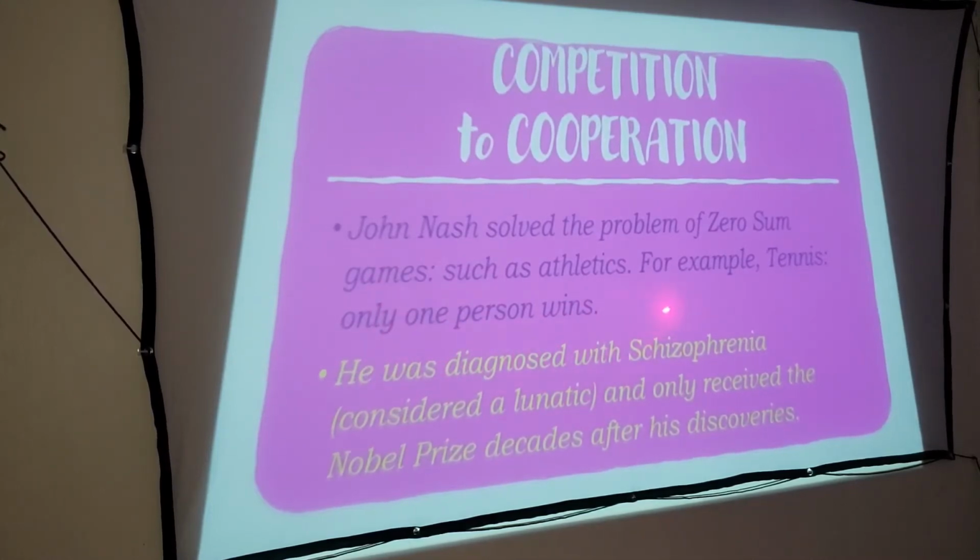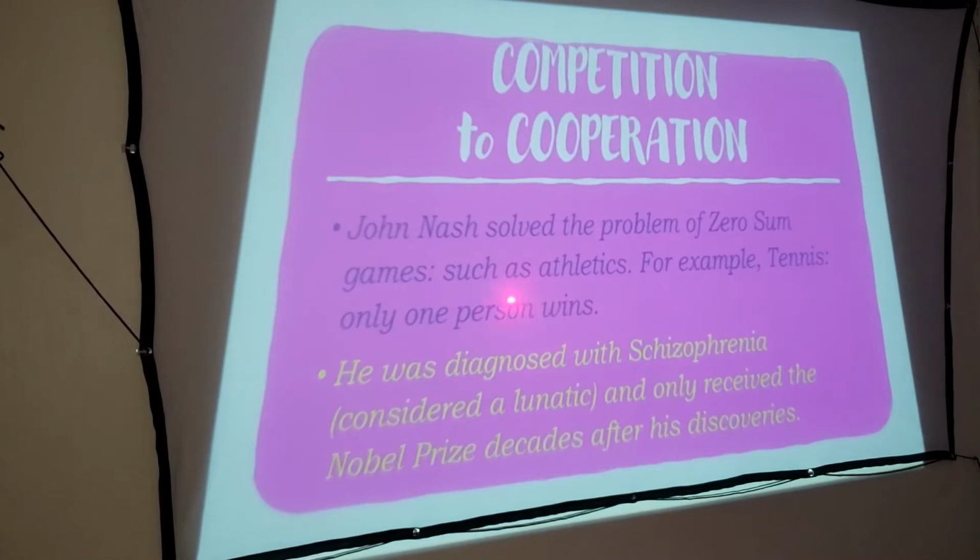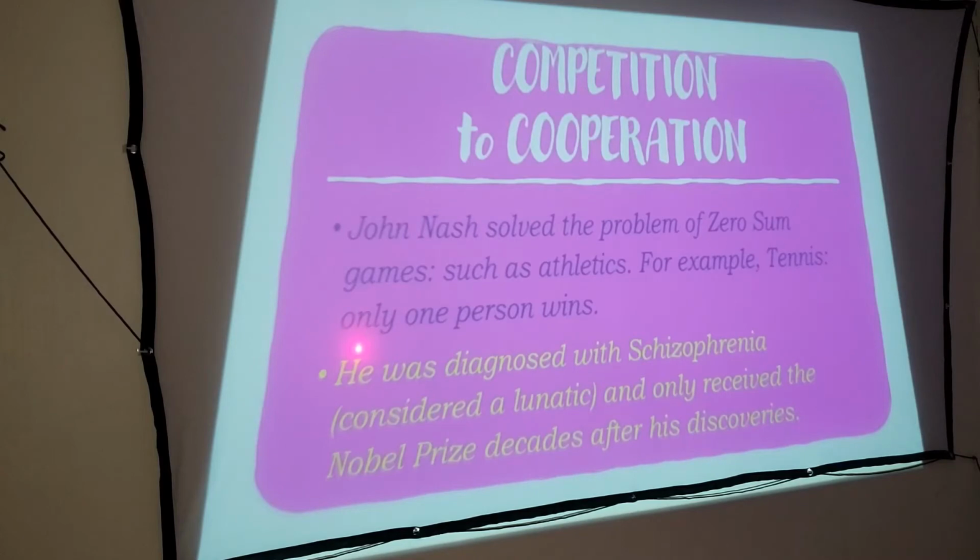But I come from an Air Force family, and war should be played as a game with referees, and we have a natural instinct to do that. Now, going on to the next point in this slide, what Nash equilibrium dictates is cooperation, how to come out of a zero-sum game.